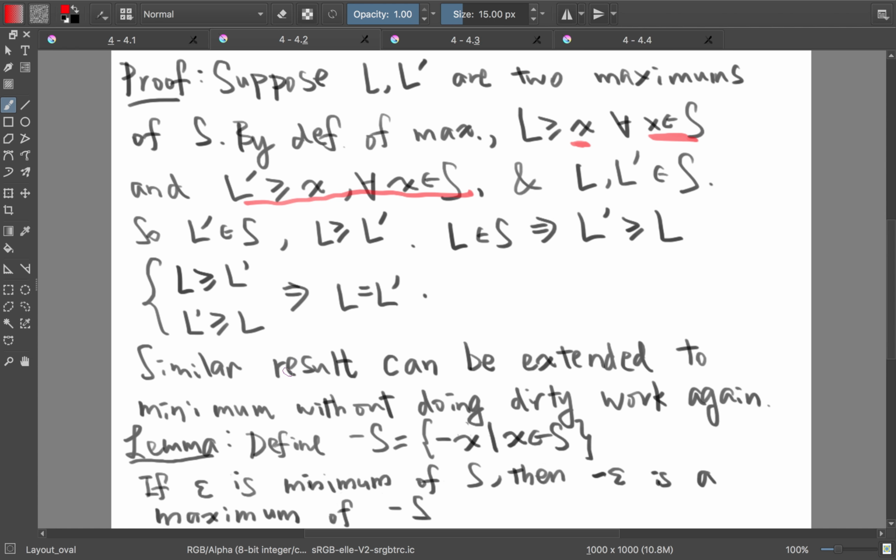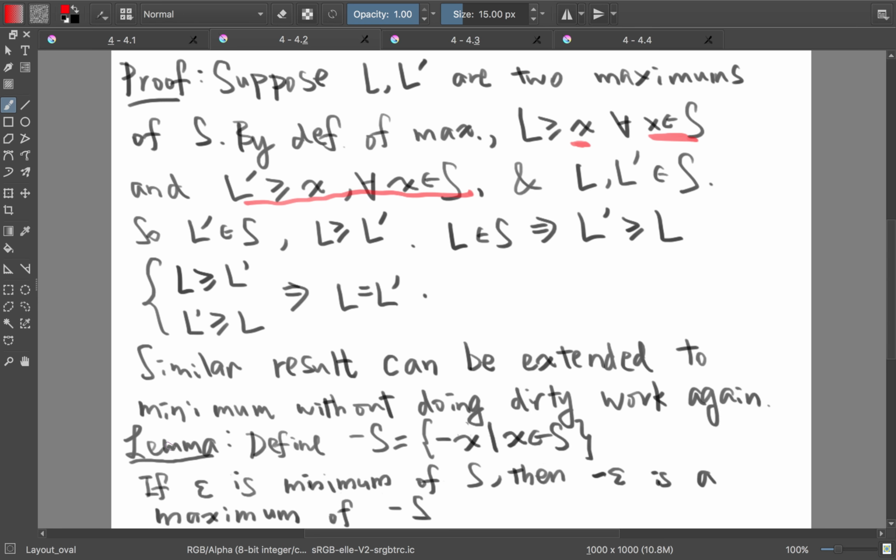So I'm not going to do the dirty work again for the minimum, and I can tell you that indeed the result for maximum can be extended to minimum. And how can we do so? First of all, we have to see a lemma.